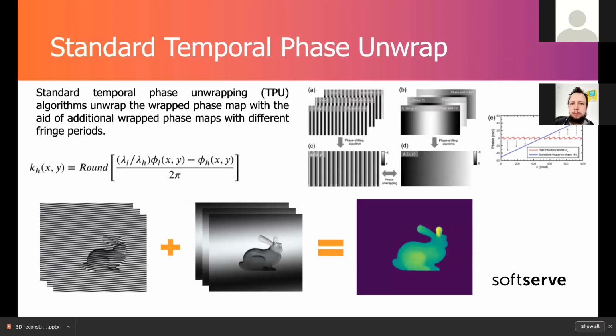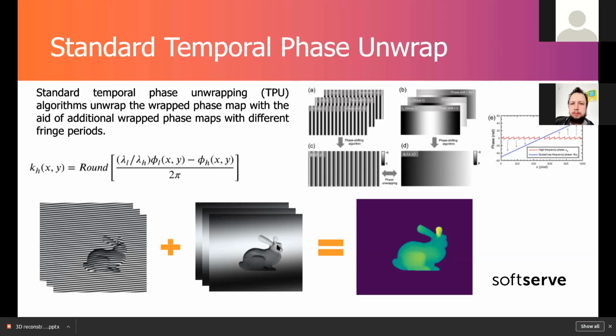The key idea is to firstly project a low frequency pattern, in our case a 1 Hertz cosine pattern, and then use these low frequency images as a reference to restore the high frequency images.